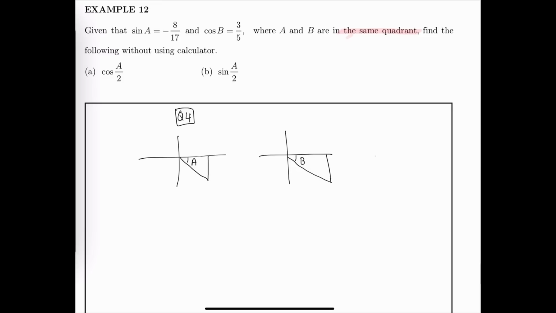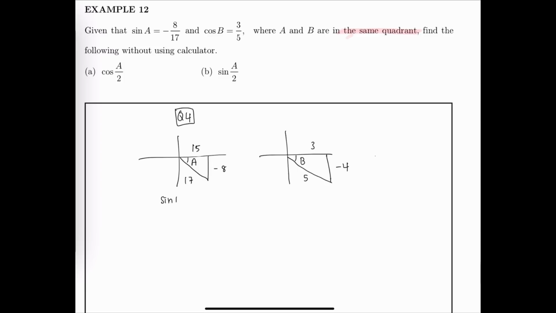So for A, sine A is negative 8 over 17. And cos B is 3 over 5. From Pythagoras theorem, we get the values of 15 over here and negative 4 over here. So let's list down the values that we have.